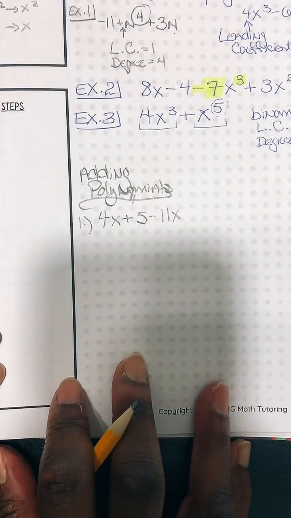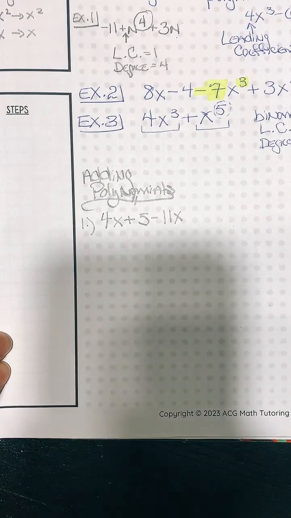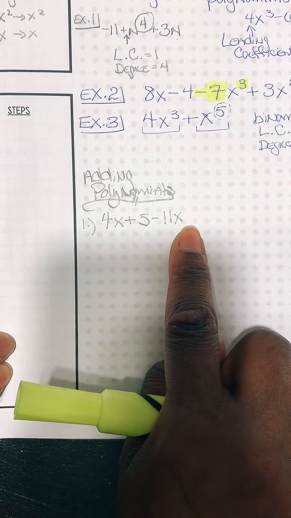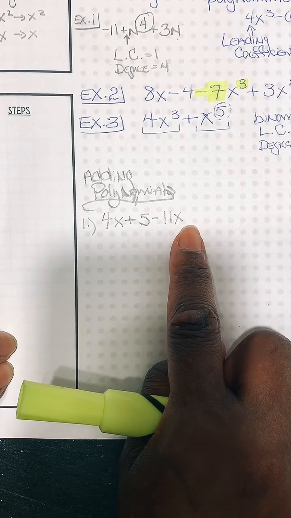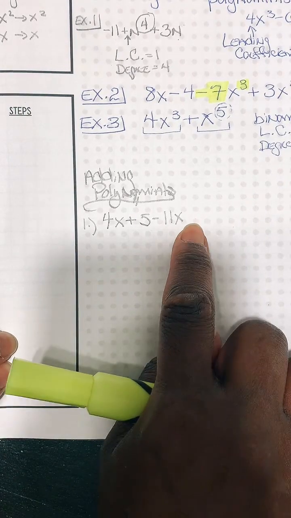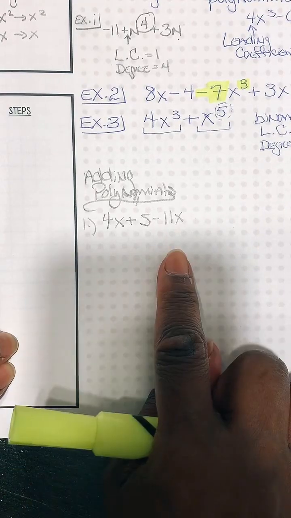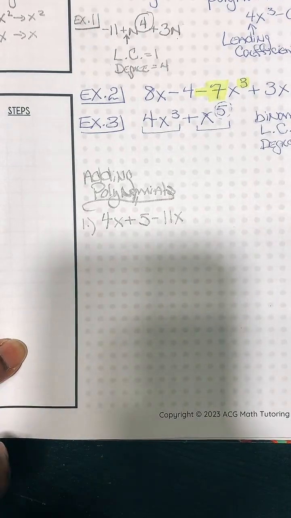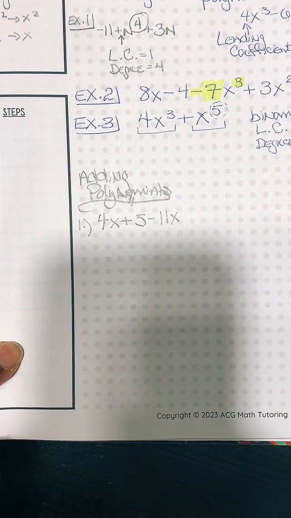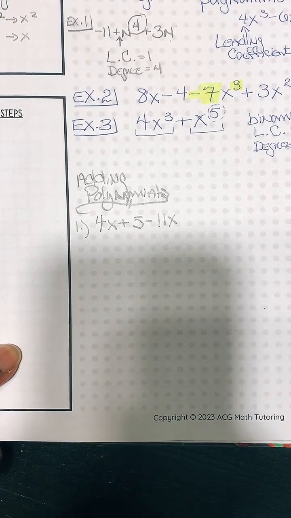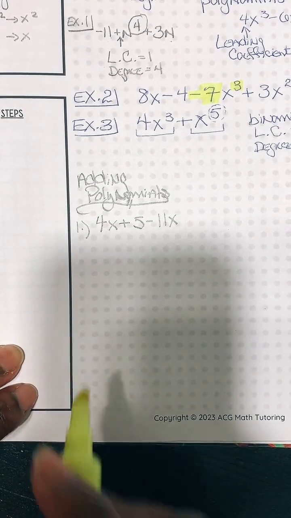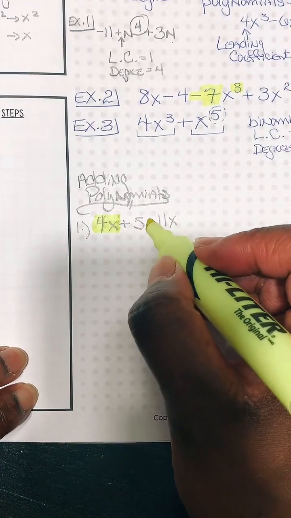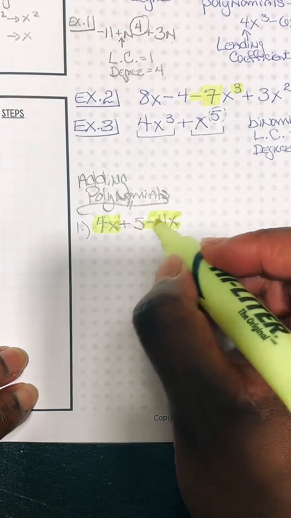This is a problem that one of my students was having problems with. If you notice, there is no equal sign. So we're not solving it. All we're doing is what's called simplifying it. We're trying to combine our x's with our x's and our y's with our y's. That's all we're doing. So if we take a look, we have a 4x and we have a negative 11x.